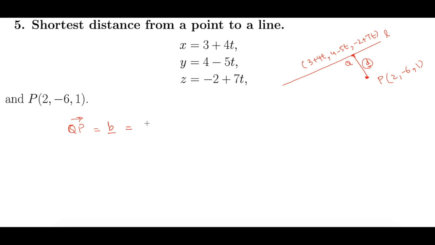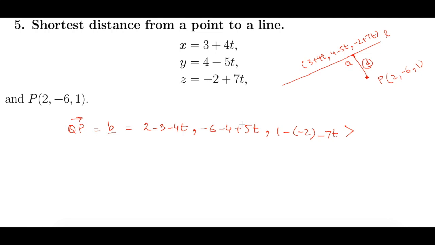So I will say 2 minus 3 plus 4t, which is 2 minus 3 minus 4t, and then minus 6 minus 4 plus 5t, and then 1 minus minus 2 minus 7t.